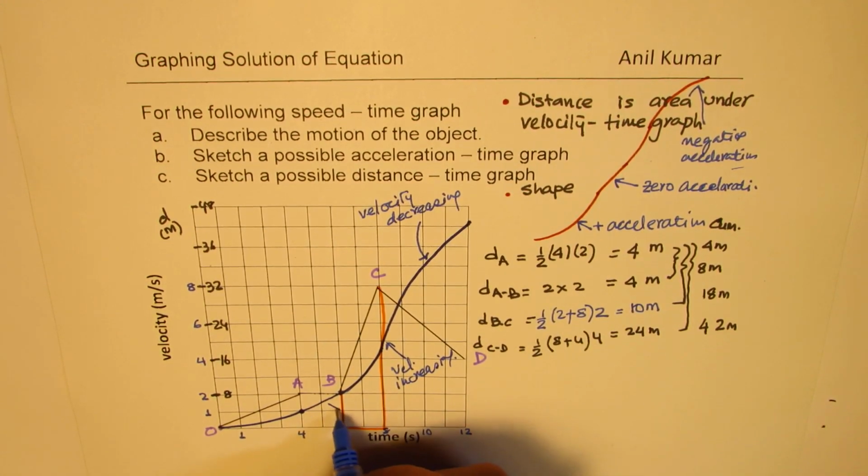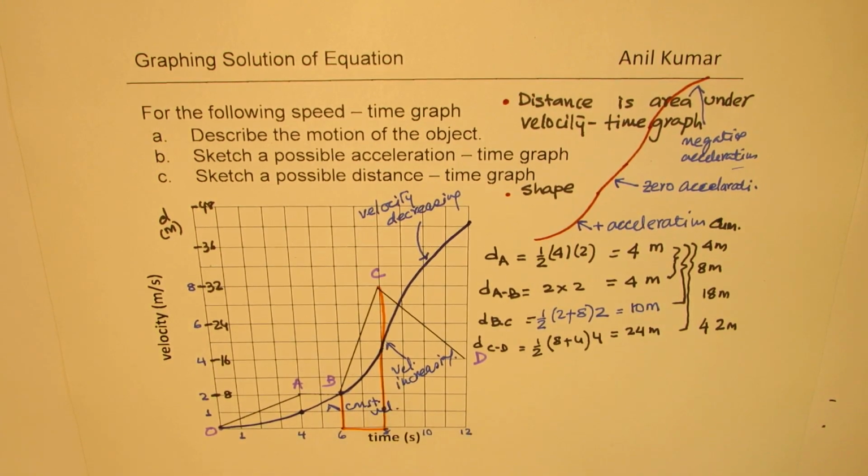In this straight line, we have constant velocity. Perfect. So that makes a huge difference when you sketch. So when you're sketching a distance time graph, it is kind of important to understand that these are not all straight lines. Only a straight line will be when velocity is constant. Then distance is increasing at a constant rate. I hope that makes sense.